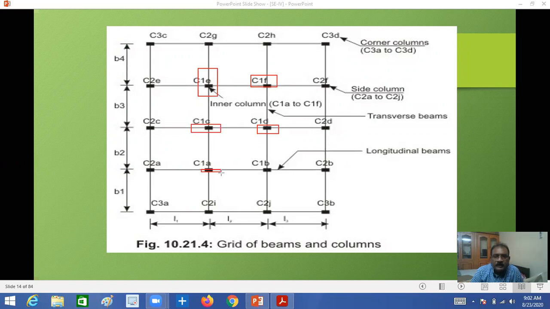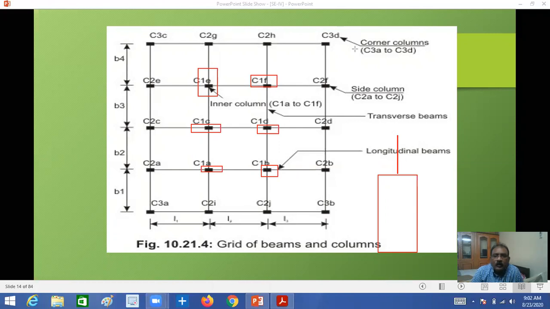You will see here 6 interior columns are there. Now there is an axial load, and there is no additional moment on both sides. So your load is acting exactly at the center of your column. So this is defined as an axially loaded column.